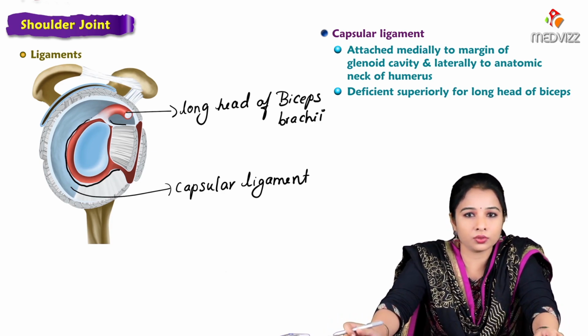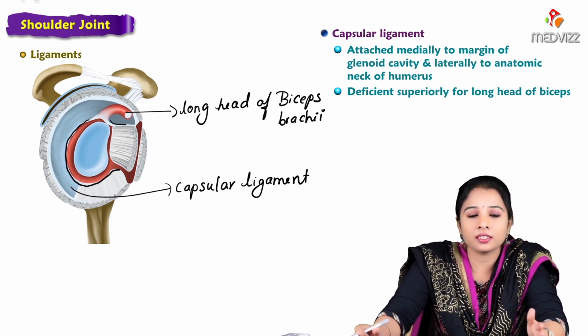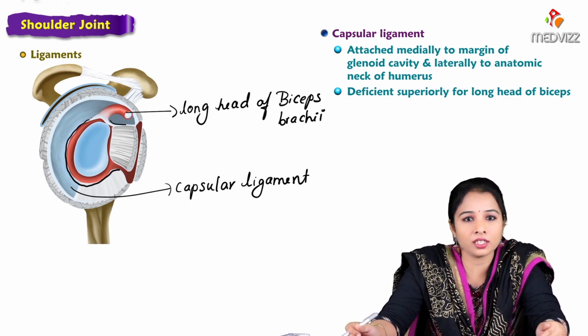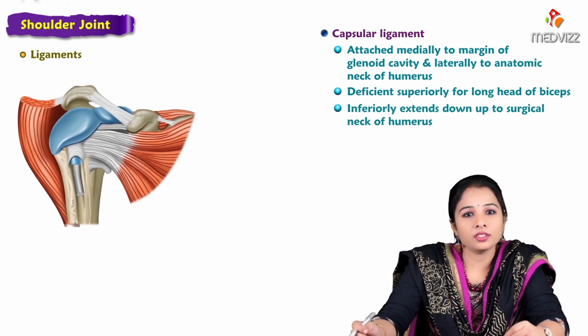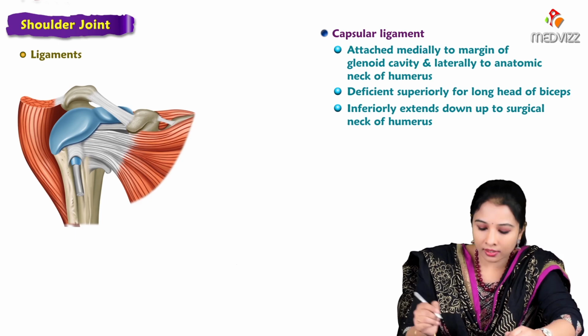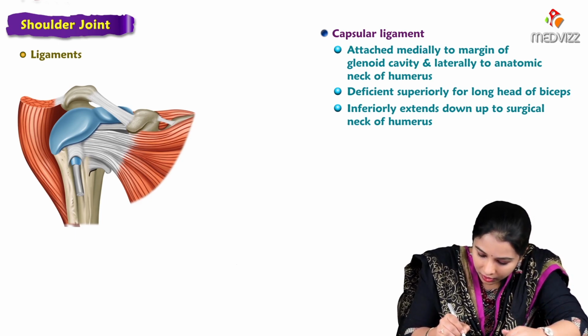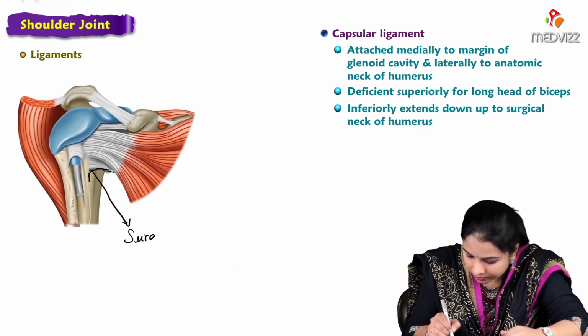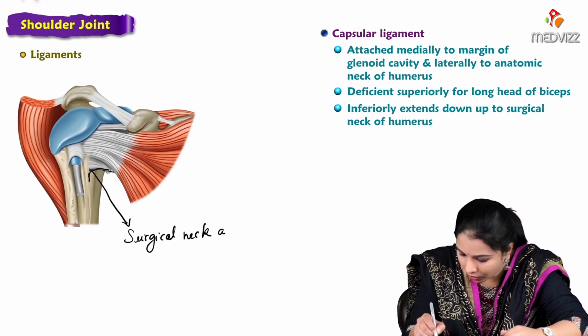It enters into the joint, where it lies in a sulcus called the bicipital groove or intertubercular sulcus. Inferiorly, the capsule is loose because it extends till the surgical neck of the humerus. You can see here, it is extending till here. This is the surgical neck of the humerus.